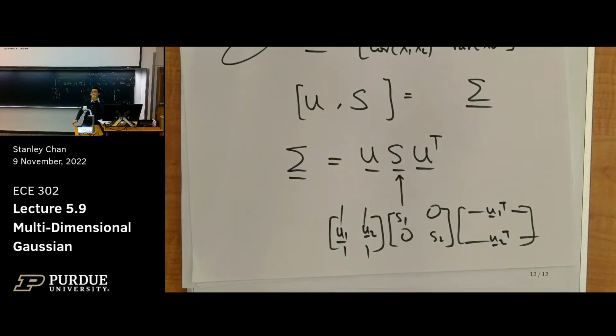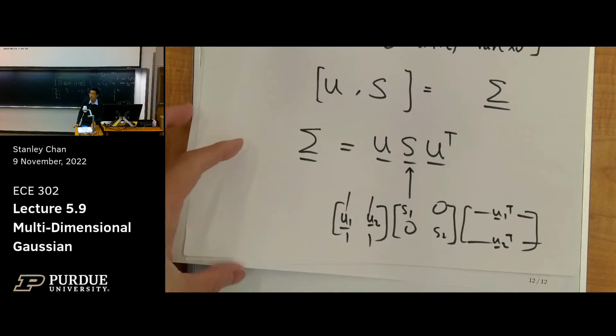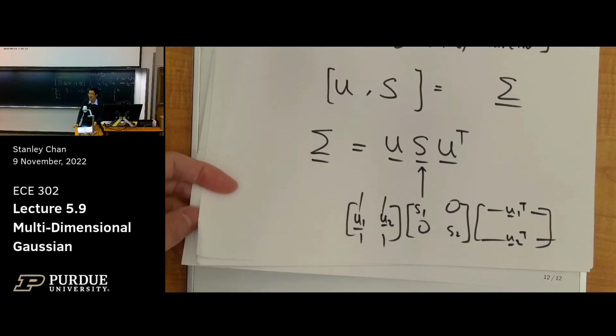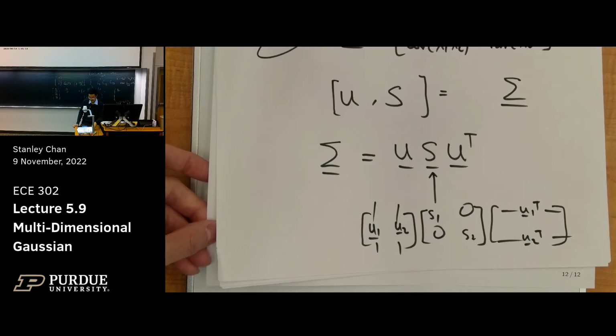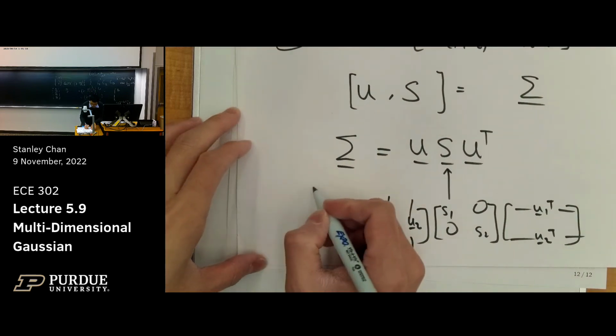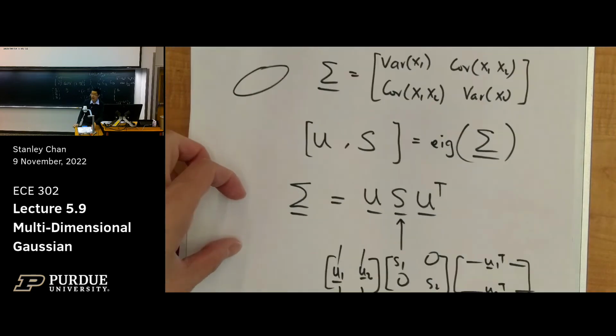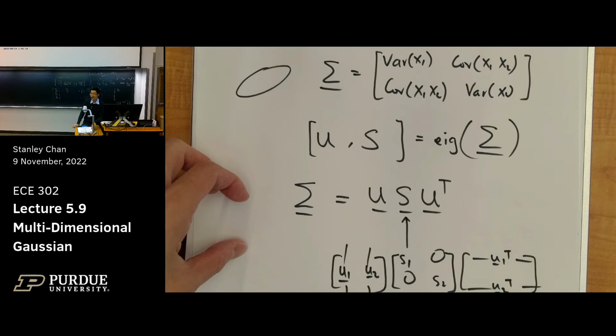So they are orthogonal, perpendicular to each other. How do you do this process? Well, this is not the purpose of this class. It is the purpose of a linear algebra class. So let me tell you how we do it. The answer is eig in MATLAB or np.linalg.eig in Python.